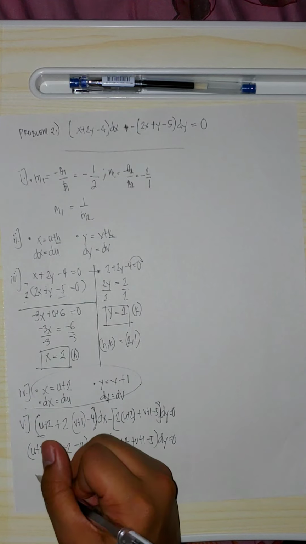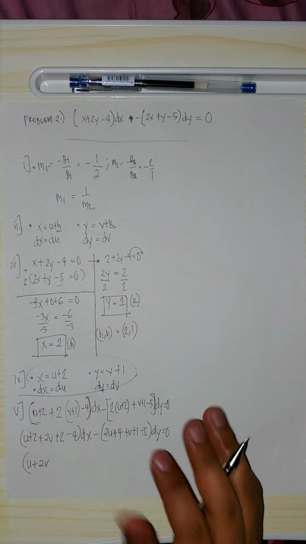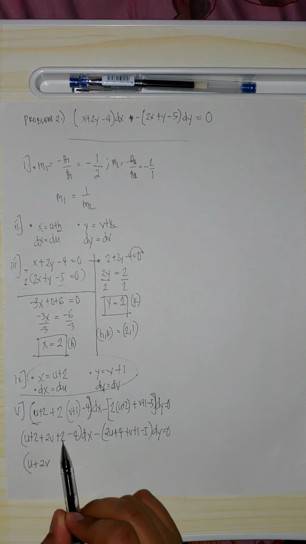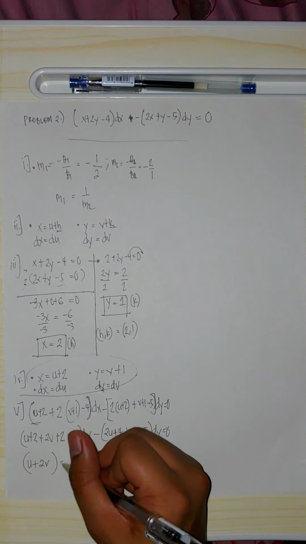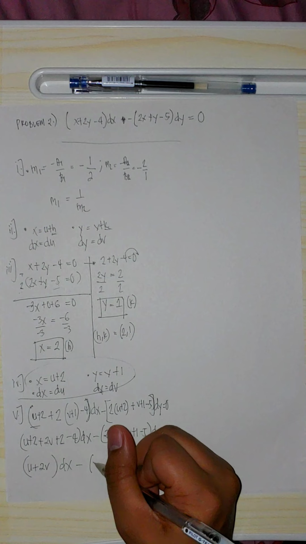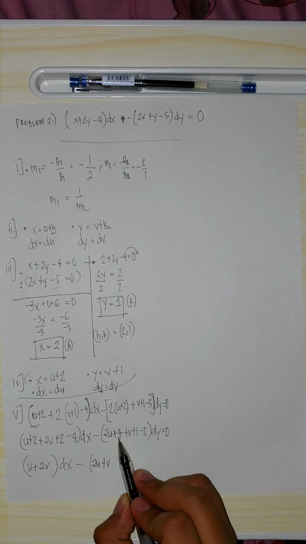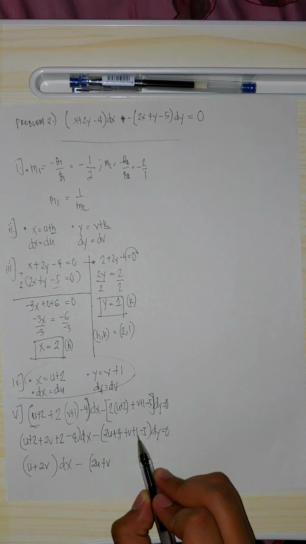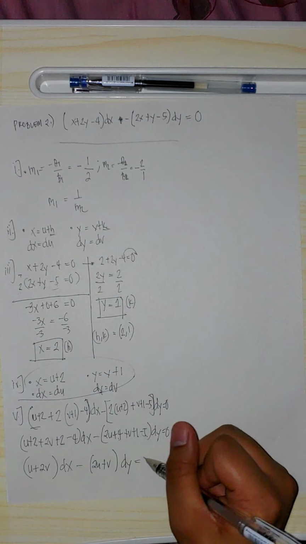So here we have u plus 2v. How about the constants? We have 2 plus 2, that is 4. 4 minus 4 is 0. So we have u plus 2v dx minus, writing the variables, 2u plus v. We have a constant here, 4 plus 1, that is 5, minus 5, 0. So this becomes dy equals 0.